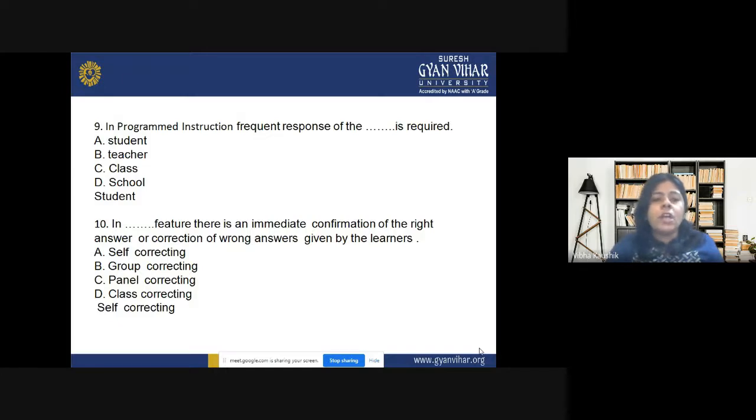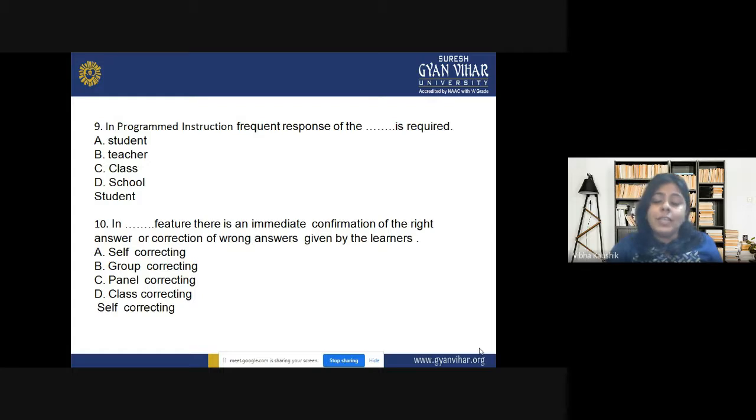So the options are A student, whose frequent response is required when we are teaching them through the program instruction strategy or technique. B teacher, the frequent responses of the teachers are required. C the whole class, or the frequent responses of the school is required.